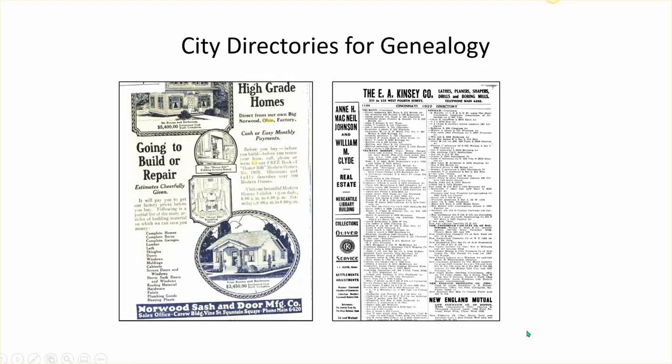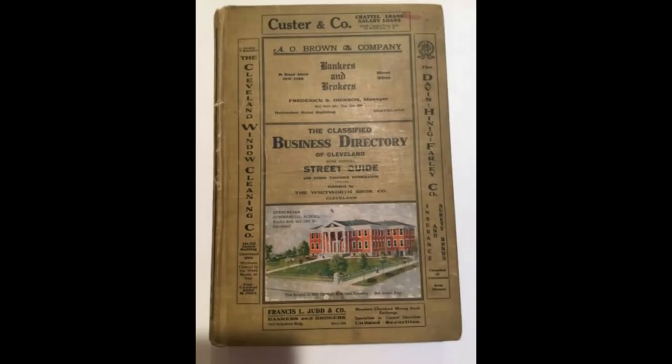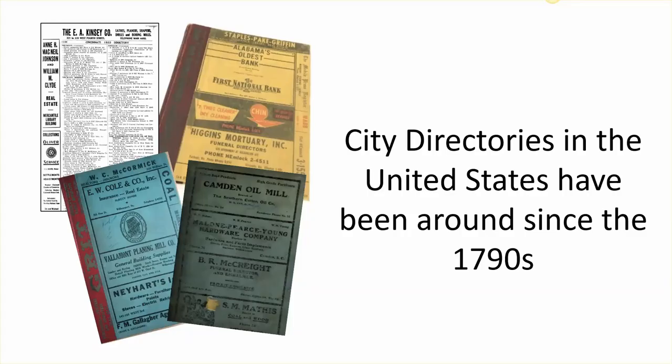We're talking about U.S. city directories and how we can use them for our genealogy. City directories may not have been on your radar, but they are a great record set, especially if there's been a loss of vital records in your targeted area, or if you're trying to follow somebody who moves a lot. Did you know that there were city directories or something of the sort in the United States since the 1790s?